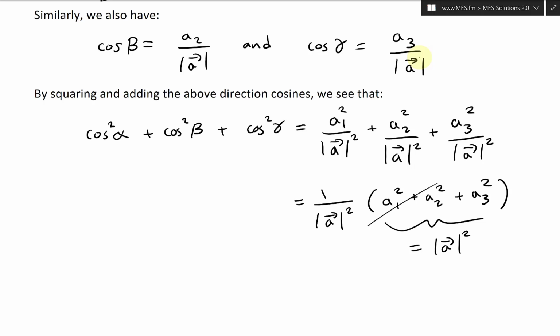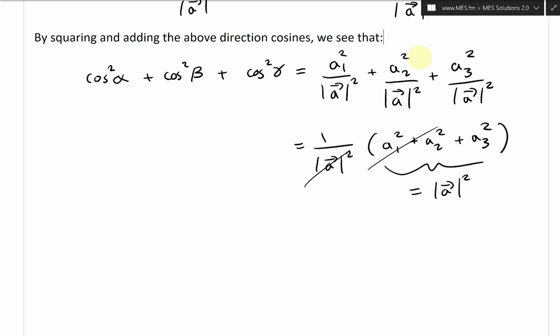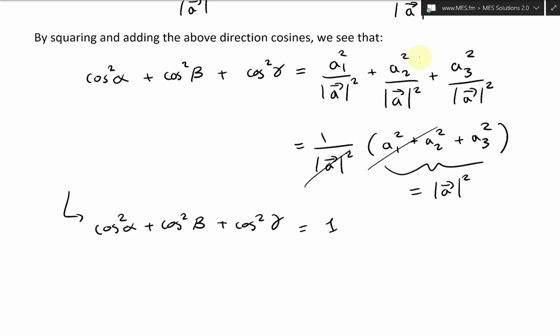In other words, this whole thing cancels, and this cancels this, so this equals 1. In other words, cosine squared alpha plus cosine squared beta plus cosine squared gamma equals 1.